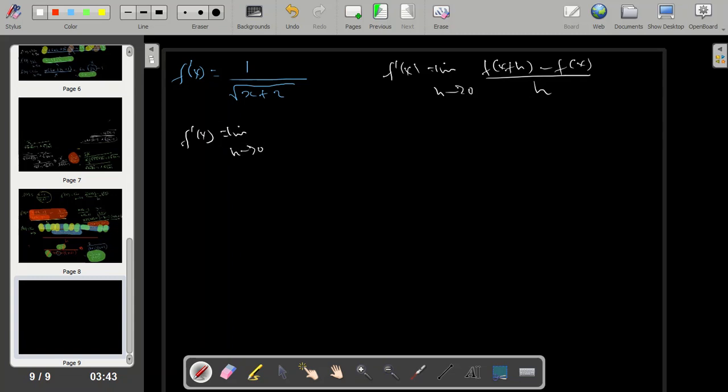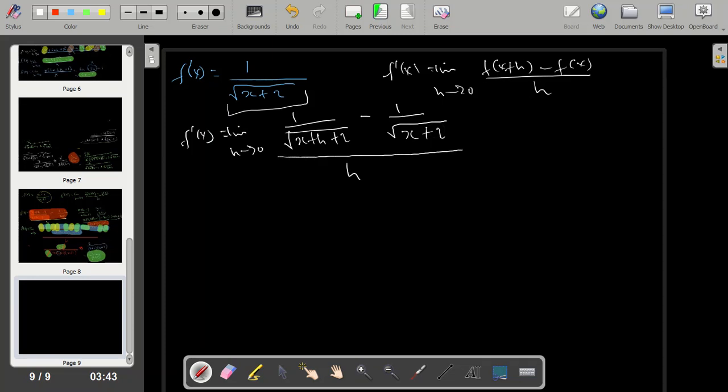This will be 1 over the root of x plus h plus 2. Then you can now subtract the same function, 1 over the same thing that you had here, x plus 2. So the whole lot of this is divided by h.